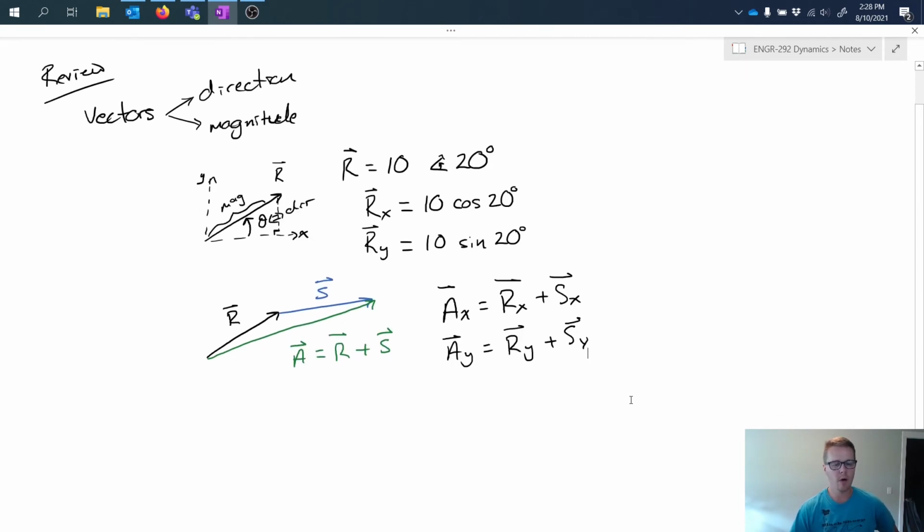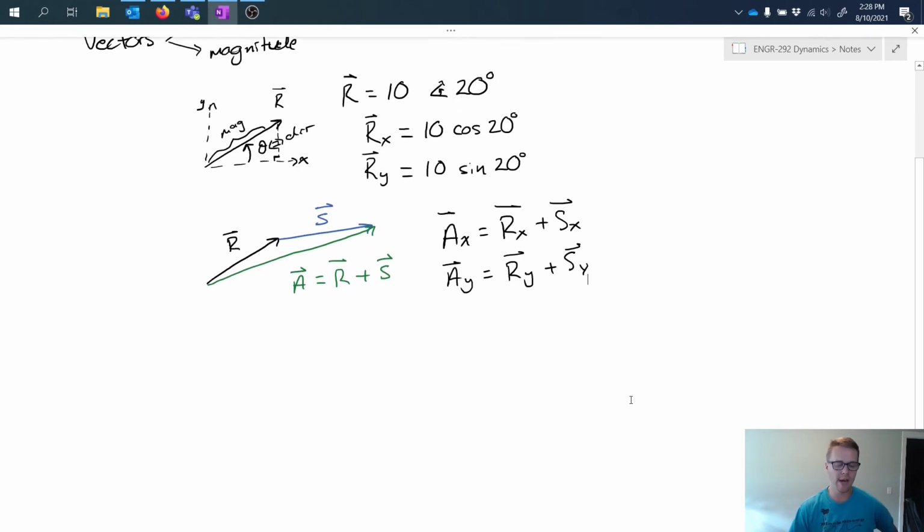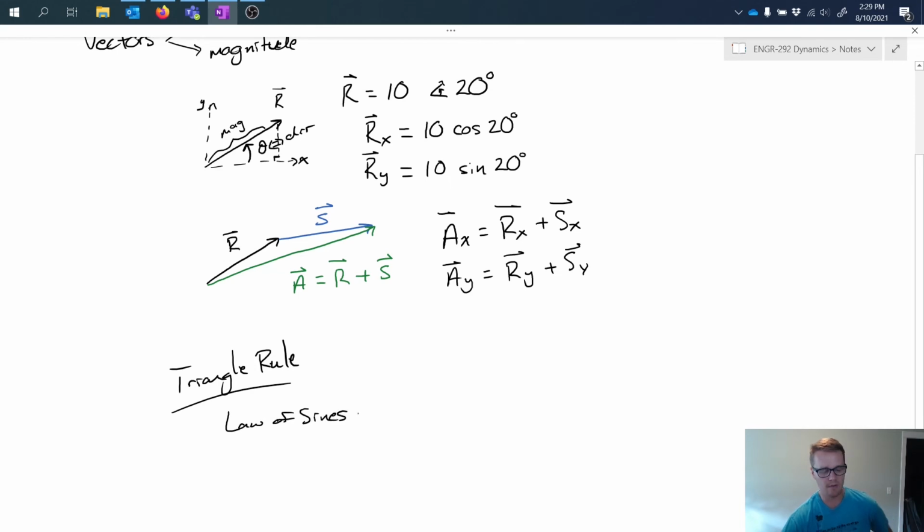Another way to analyze this is to treat it as a triangle, which it is, right? And use something called the triangle rules, one of them being the law of sines.